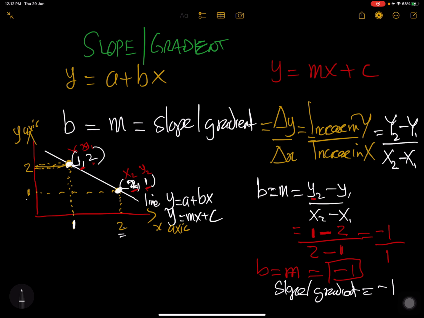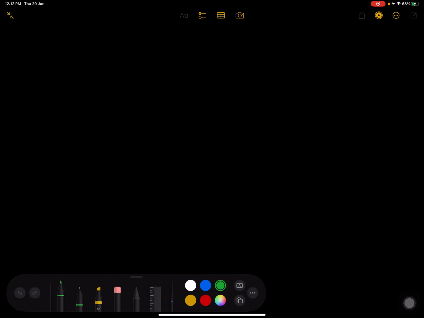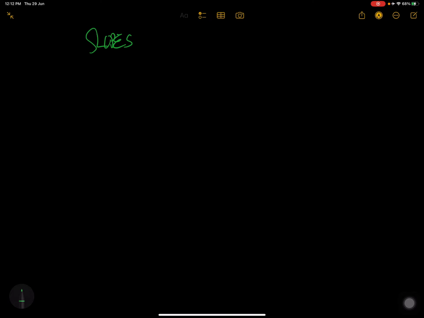But we want to make a little quick comparison between slopes or gradients versus differentiation. Now remember the slopes and gradient that we've talked about, the formula.